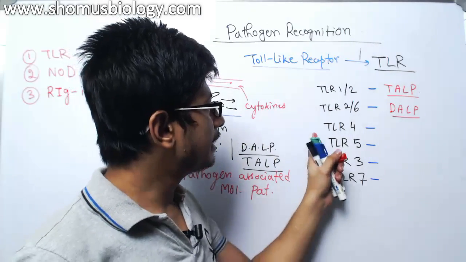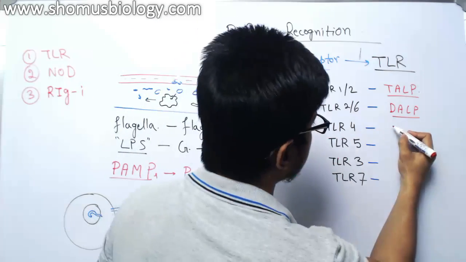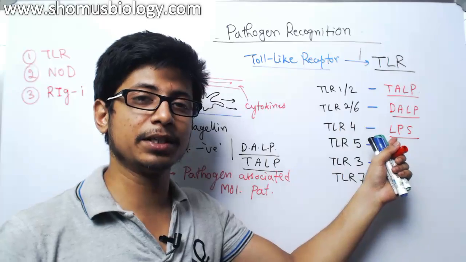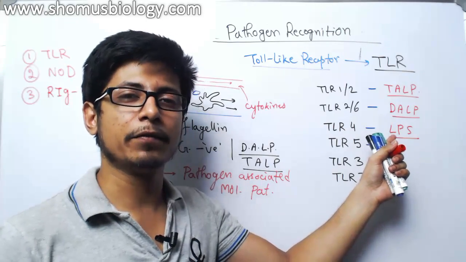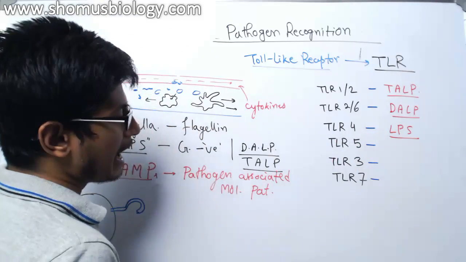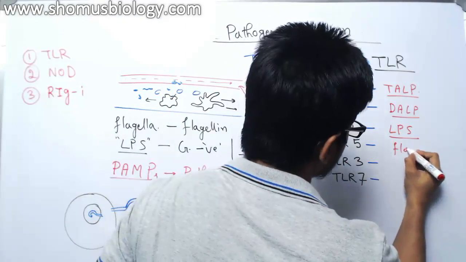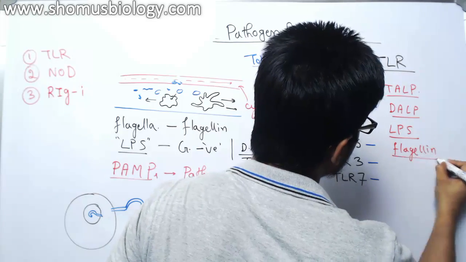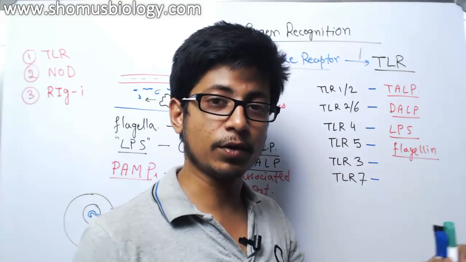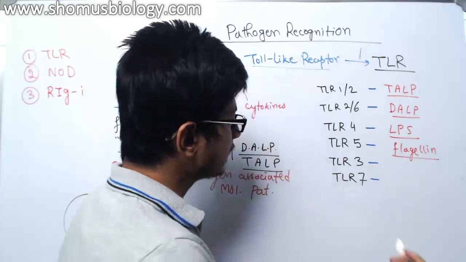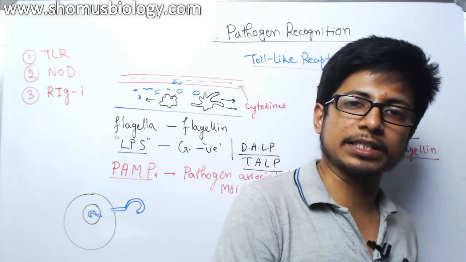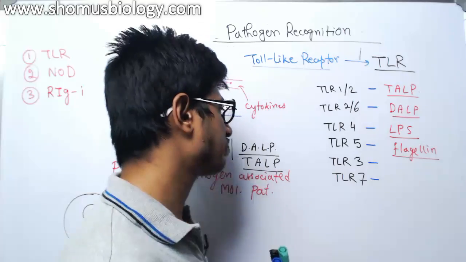TLR 4 recognizes LPS, or lipopolysaccharide layer, which is a prime identifying feature of gram-negative bacteria, because all gram-negative bacteria carry that. TLR 5 recognizes flagellin. Flagellin is the unit protein that is combined together to make bacterial flagella, remember. Because eukaryotic flagella are made with tubulin protein, but bacterial flagella are made with flagellin protein.